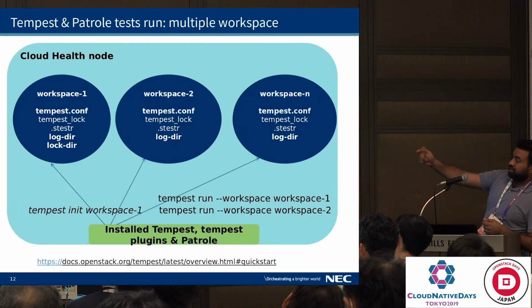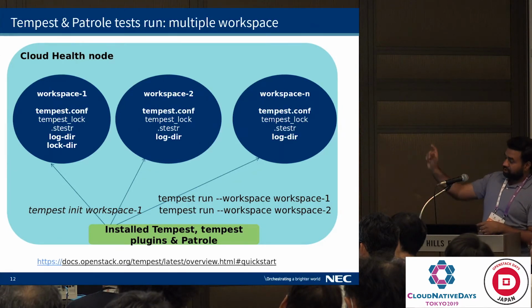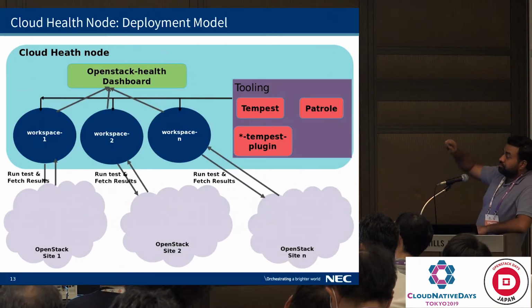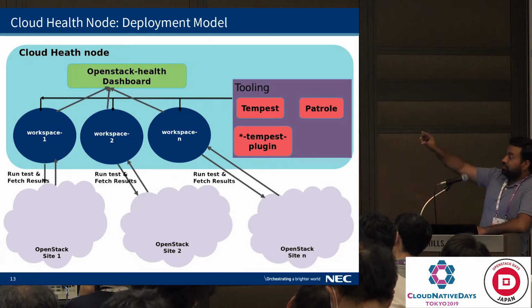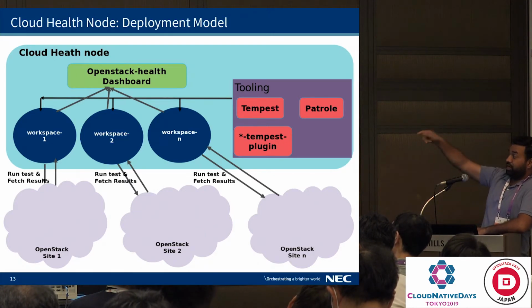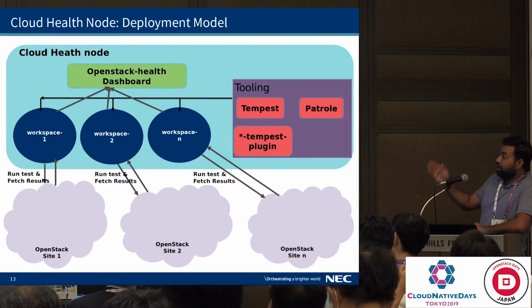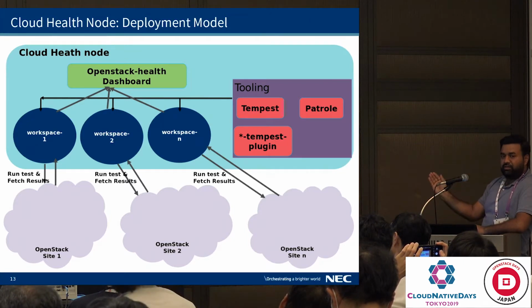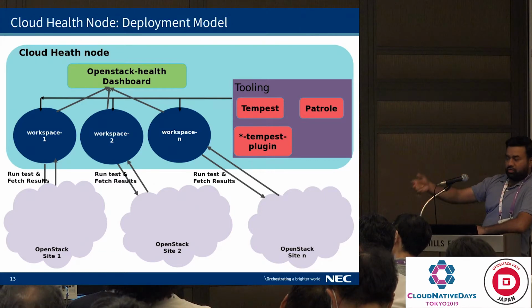There is a Tempest init command which creates the folder and registers the workspace for you. If you go to the next slide, in each workspace you can run the Tempest Run command. Tempest Run will run Tempest test cases, Patrol test cases, and Tempest plugin test cases. So every workspace can run Tempest separately with different configuration to test your single cloud or multiple clouds.